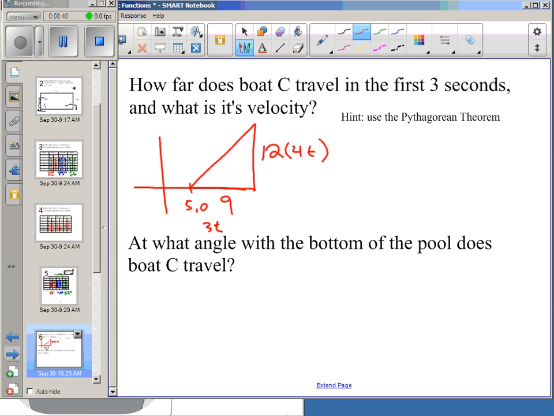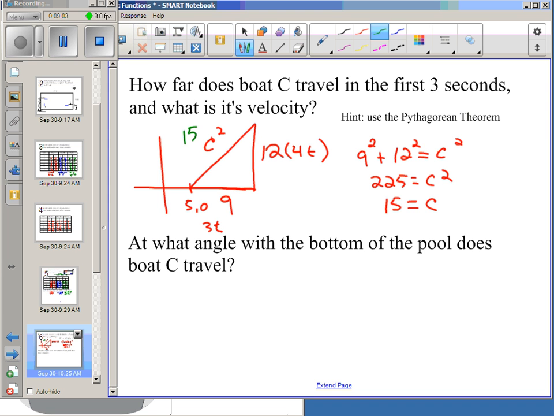What is that distance? Use the Pythagorean theorem. I get 9 squared plus 12 squared is c squared. And that turns out to be 225 is c squared, or c is 15, which should make sense if you understand your Pythagorean triples.